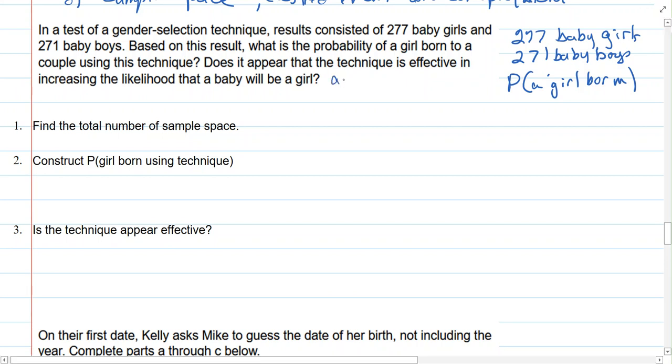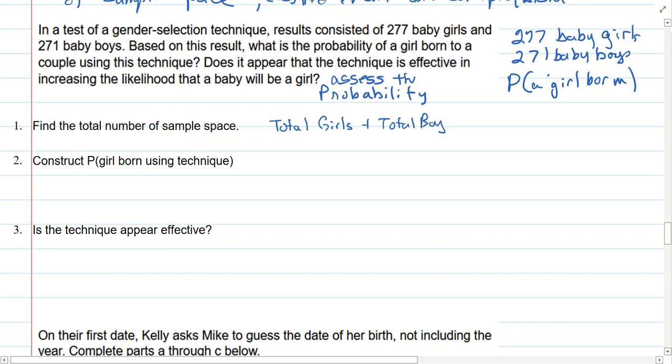So now we're going to assess the probability. Let's put it in parts. First, we find the number of the sample space. It's total girls plus total boys.